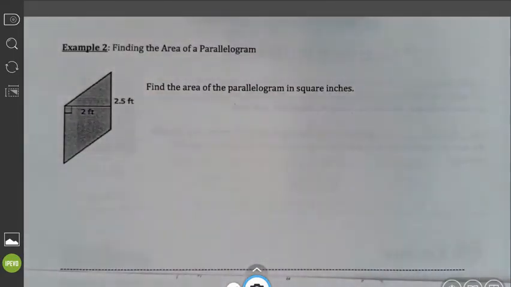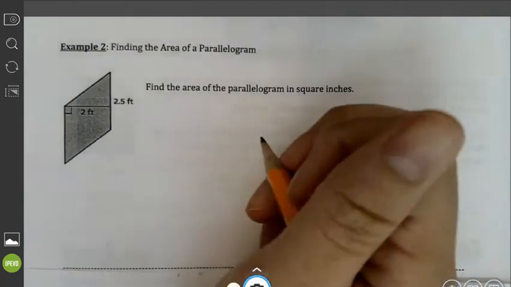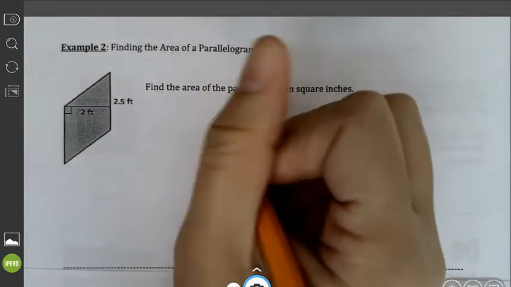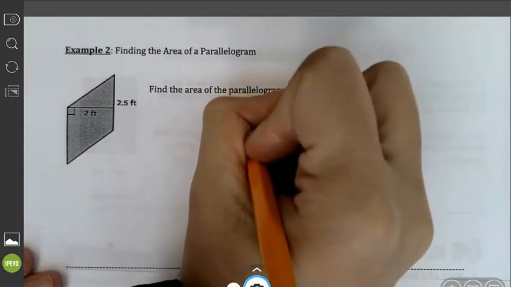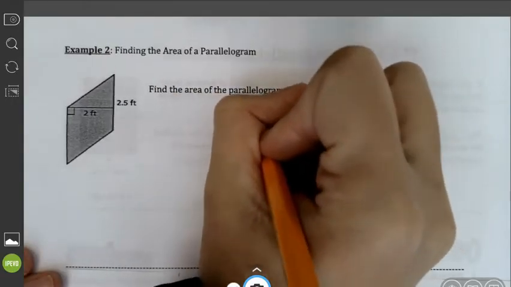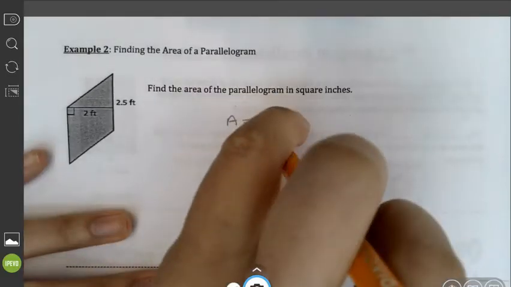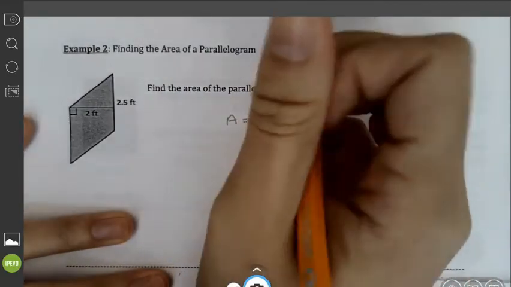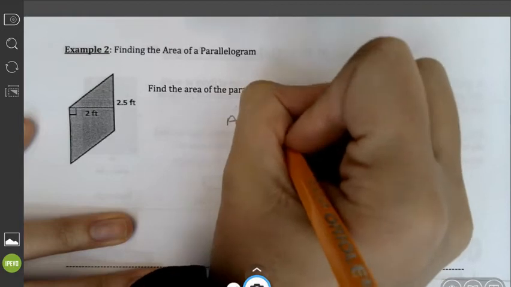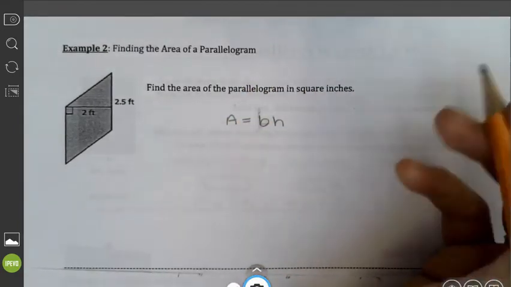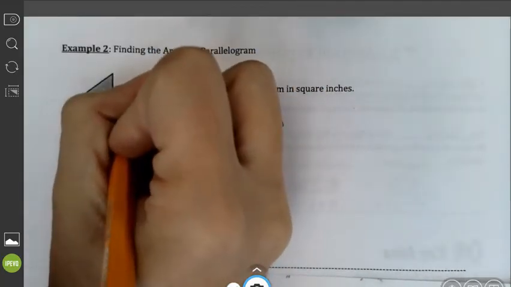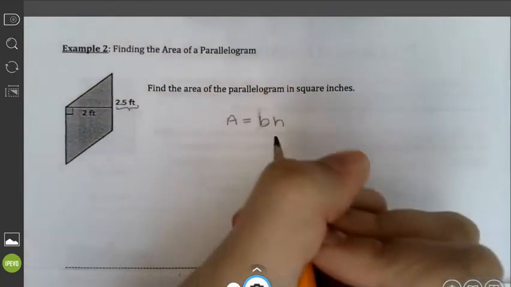Okay, example 2. Find the area of the parallelogram in square inches. Okay, so we're going to start with our formula. Area equals base times height, and we want it in square inches. So instead of saying 2.5 feet, I need to create inches.